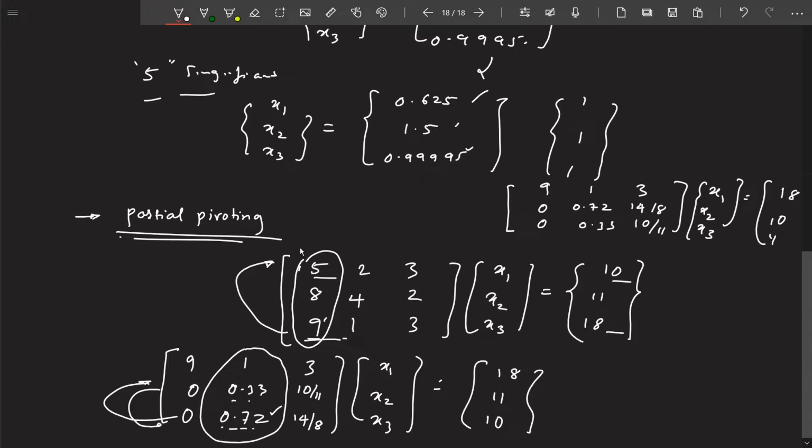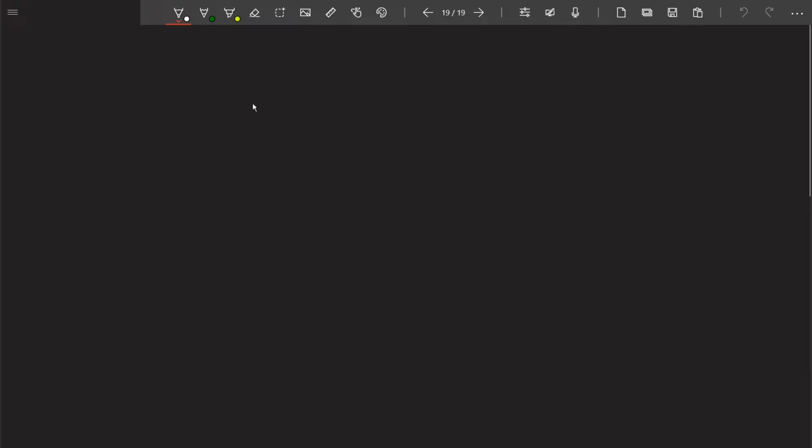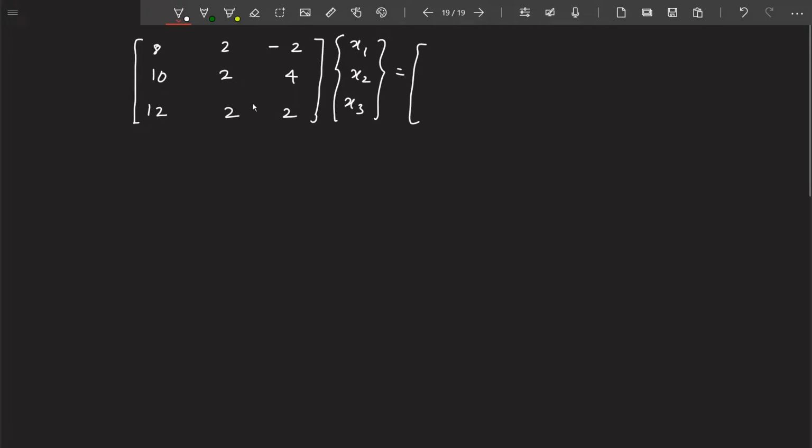Now we are going to solve an example. Let us take a real example now. Let us say we have a system of equations that I am writing down in matrix form. That equation is 8, 2, minus 2, 10, 2, 4, 12, 2, 2, 3, minus 2, 4, 6.